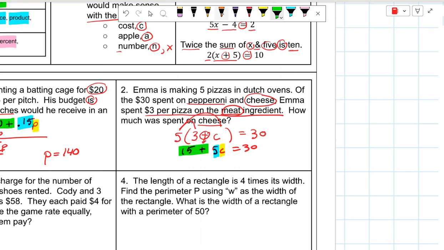Let's get rid of the constant first. We'll add a negative 15 to this side as well as this side. We're going to get 5C is equal to 15. Then we'll divide by 5 on both sides, and we'll find that C is 3, standing for she's spending $3 on each pizza for cheese.